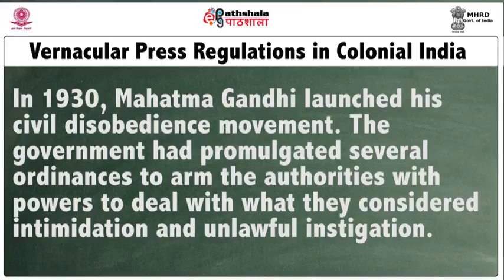of 1931. In 1930, Mahatma Gandhi launched his civil disobedience movement. The government had promulgated several ordinances to arm the authorities with powers to deal with what they considered intimidation and unlawful instigation.